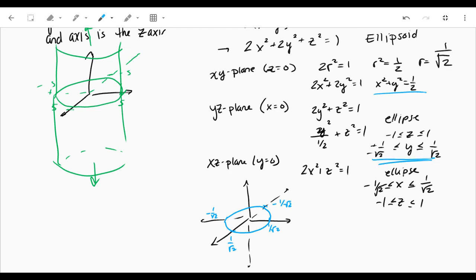Y is going to be between what it is right now in the xy plane, and so is x, but now z is going to go up to +1 and -1, so that should be actually a little higher than what we got there, 1 and -1, so it's this kind of egg shape. Okay, all right, moving on.